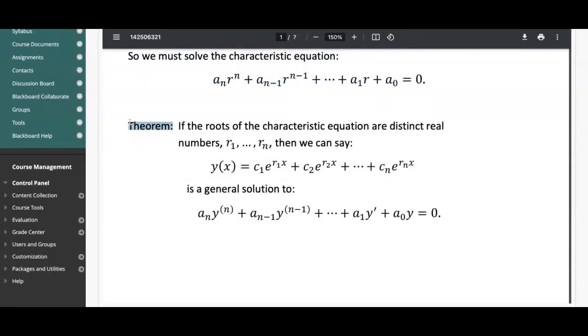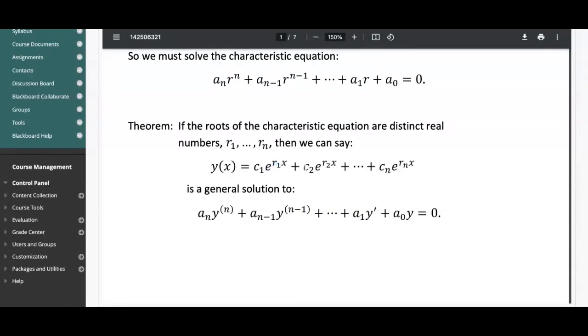Theorem. If the roots of the characteristic equation are distinct, meaning different, real numbers, so the roots of this polynomial equation are all real and distinct, then we can say a general solution is C1 e to the R1x plus C2 e to the R2x and so on, where C1, C2 up to Cn are some real numbers.